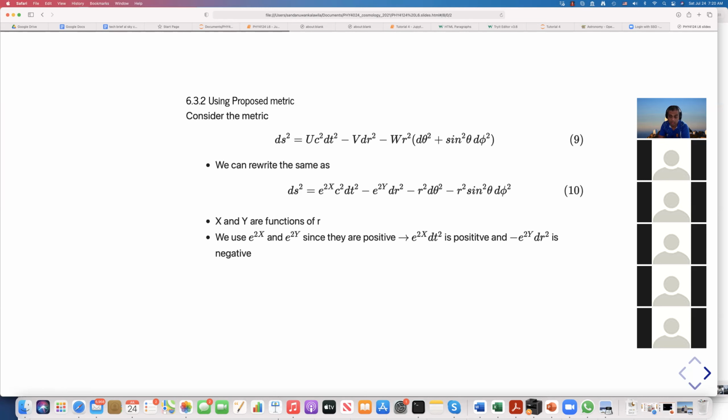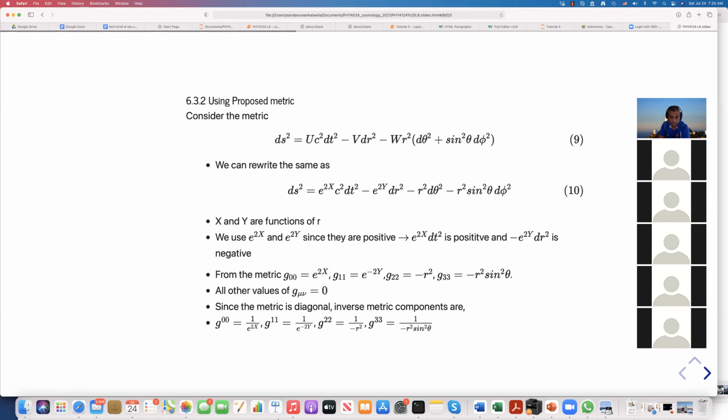Now to get up to that point, we know that when you have these two components, e to the power 2x and e to the power 2y, the metric g00 term will be e to the power 2x and g11 will be e to the power minus 2y, and then g22 and g33 can be written in this way, right? So you can directly write these four values just looking at this metric, right? So these are the components in front of the coordinates r, theta, phi and t.